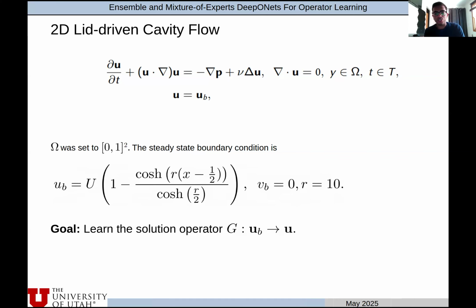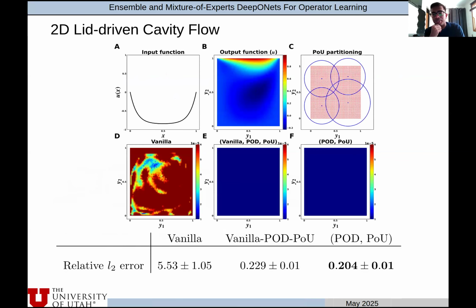Okay, so for this problem, we observed something similar. Not a surprise anymore that the POD-POU architecture outperforms all the other models significantly, especially just the normal vanilla DeepONet model. And you'll observe that, again, for many of these problems, actually, up until now, the P+1 vanilla DeepONet has not been the best performing one. So simple overparameterization does not help in most of these problems compared to something more clever.